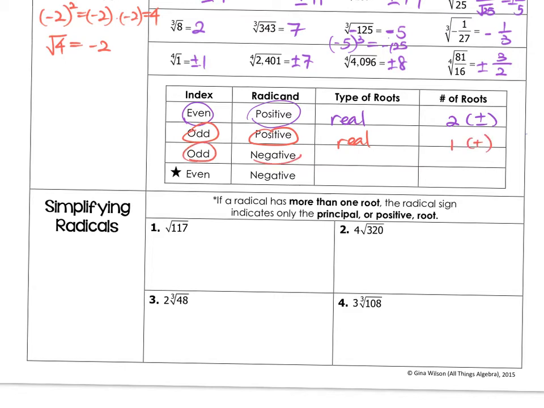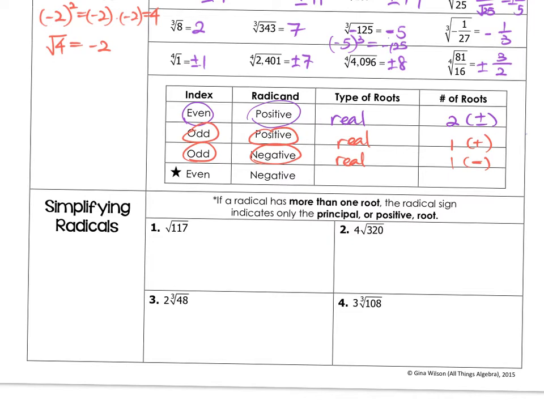If it's odd and the inside is negative, I still have a real number, but this one is negative. So you really have to pay attention here that for odd indices, the final sign is consistent with the positive or negative number. That's called the radicand under the square root.